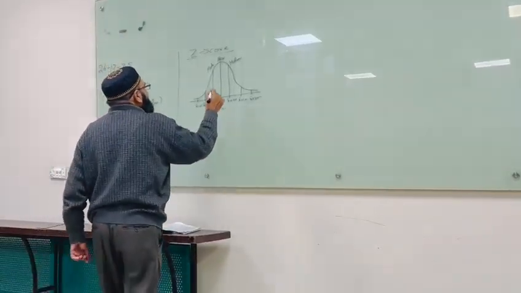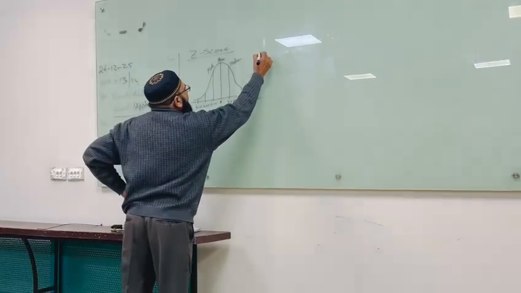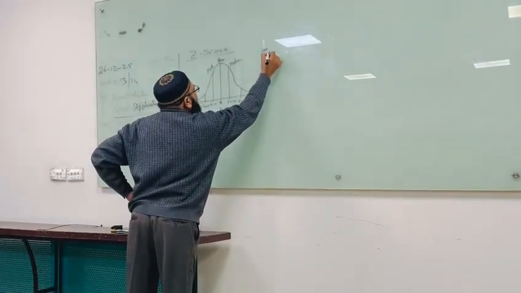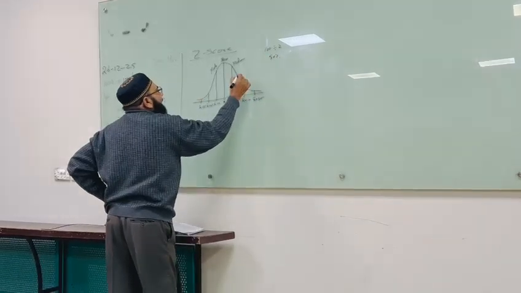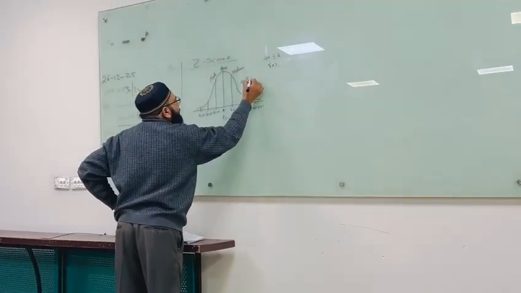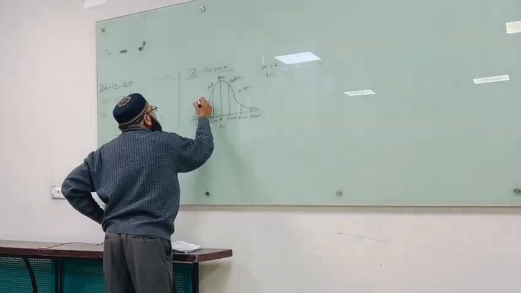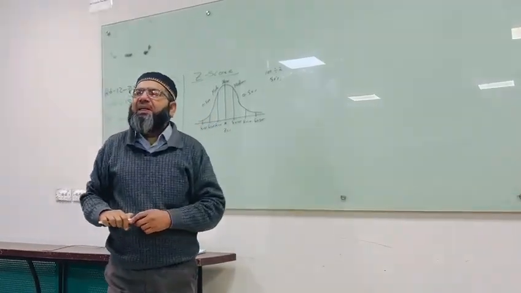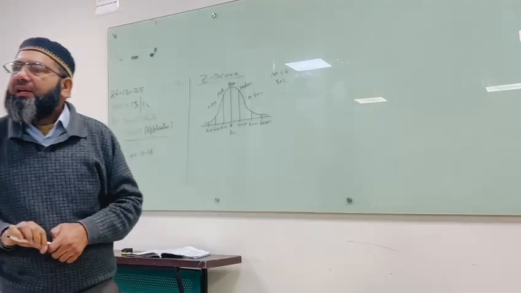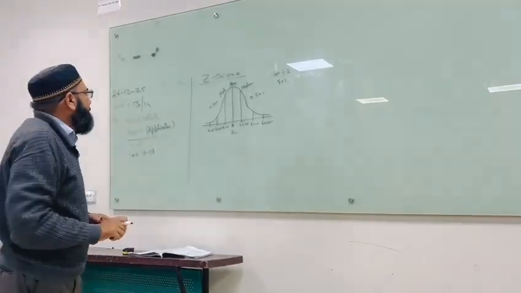This is half equally, 100% divided by 2, which means 50% on each side. So this area is 0.5 and this area is also 0.5. It's not negative because area is never negative. Area is always an absolute value, that is positive.